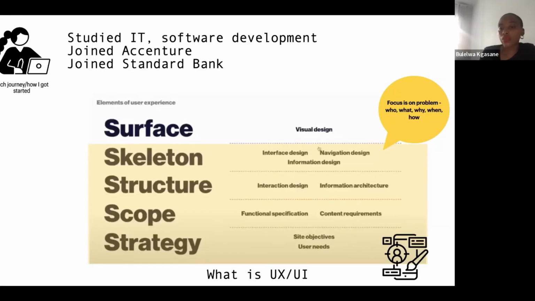What are the functional specifications? How do we talk to our users, or how do we engage our users? So what does the interaction look like, and what is the information architecture about?